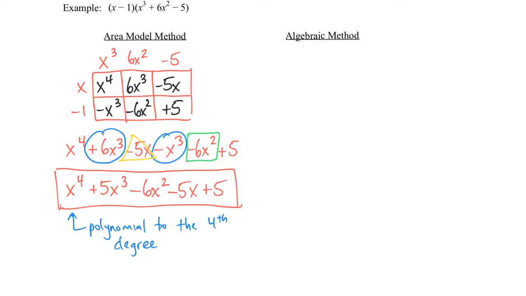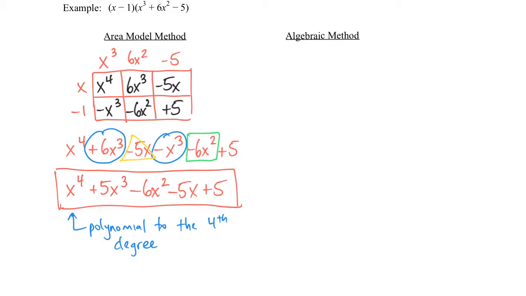And the reason why it's to the 4th degree is because the highest exponent that I see is 4. So if we looked at this polynomial, ignore this one for a minute, this polynomial right here, I'll highlight it. This polynomial would be to the 3rd degree. This polynomial would be to the 1st degree. So those are just things you need to know. The degree is decided by the highest exponent that you see.